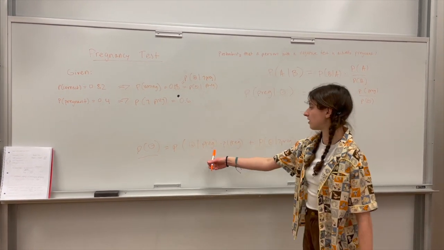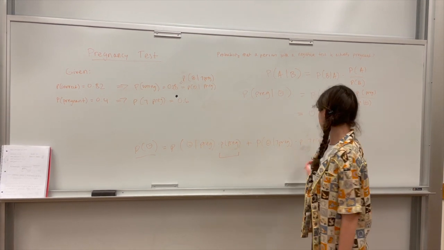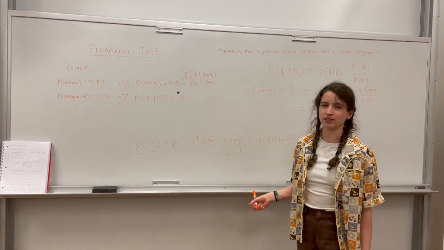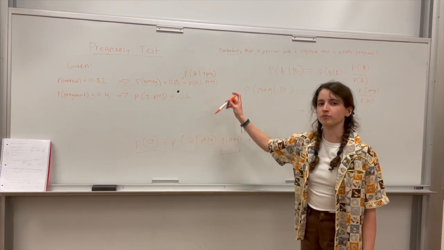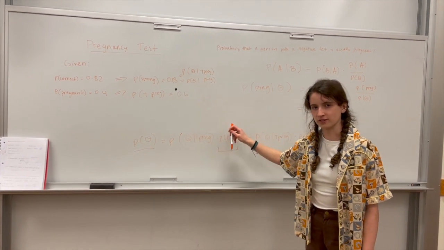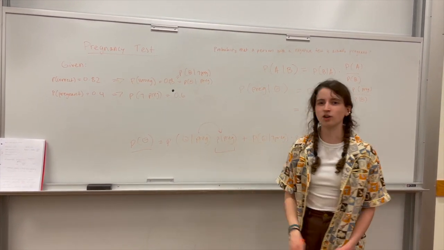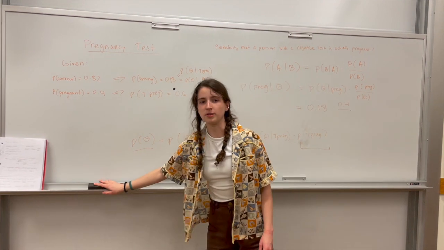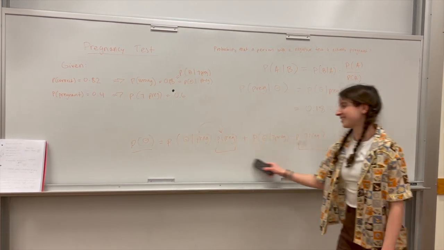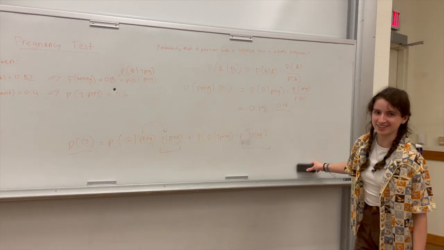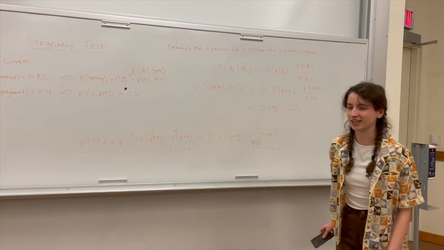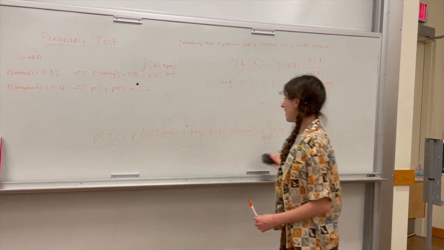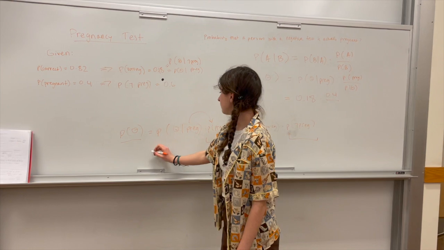So you do this with the probability of each status and then the probability of each result for that status. Like you keep this condition in there, you know what I'm saying? It's kind of hard to explain, but all you need to know is that this is how you get the overall negative test probability.